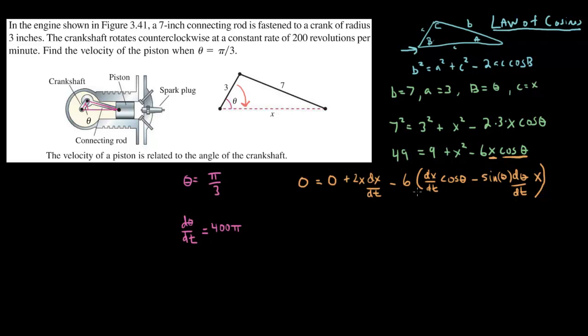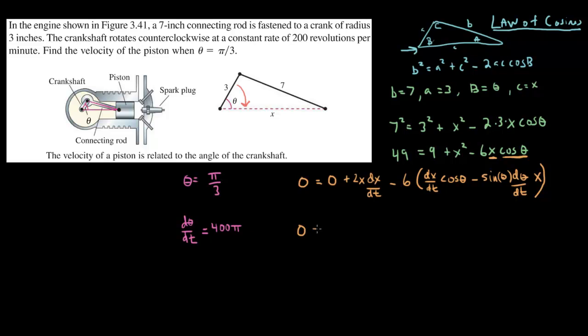Okay, so let's see. We know theta, we know d theta dt. Now, do we know what x is? Well, I think that's going to require a little bit of work off to the side. Let's just go ahead and plug in what we know, and we'll show that we're missing x.